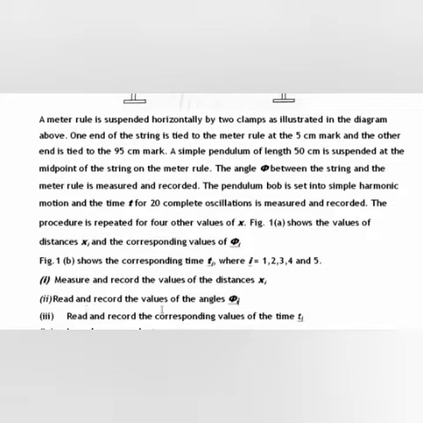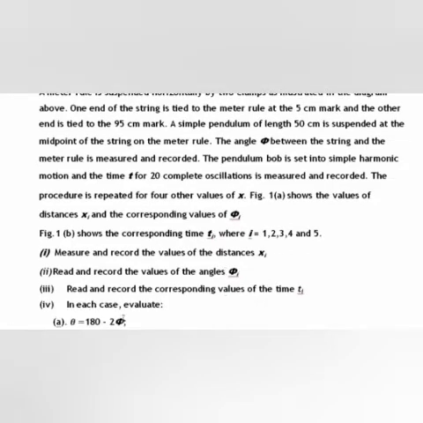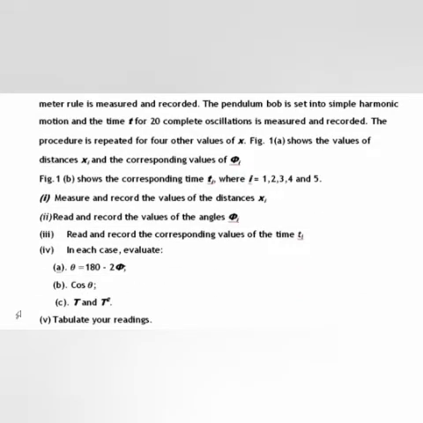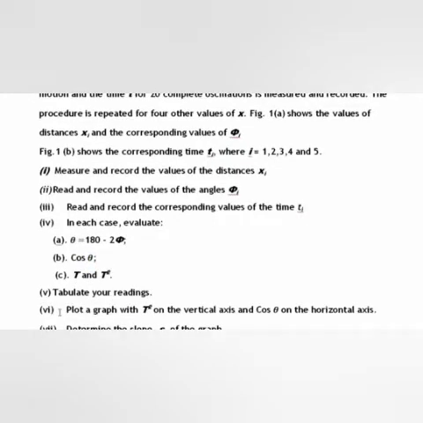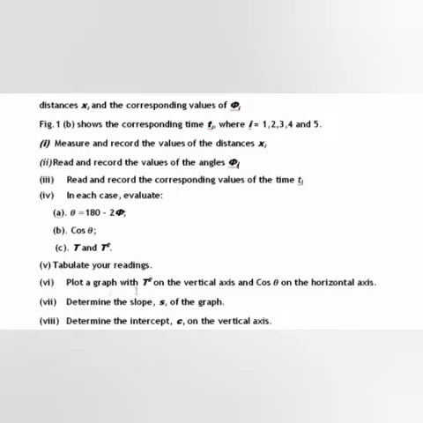1, measure and record the values of xi. 2, read and record the values of the angle phi i. 3, read and record the corresponding values of time ti. 4, in each case, evaluate a, theta equals 180 minus 2 phi, b, cos theta, c, t and t squared. 5, tabulate your readings. 6, plot a graph with t squared on the vertical axis and cos theta on the horizontal axis. 7, determine the intercept c on the vertical axis.